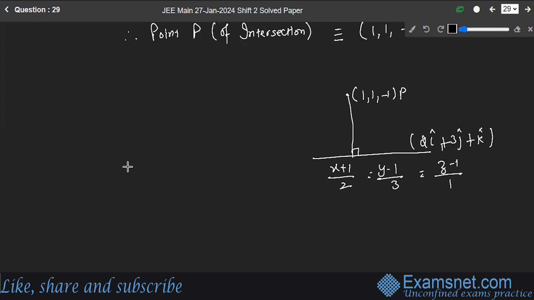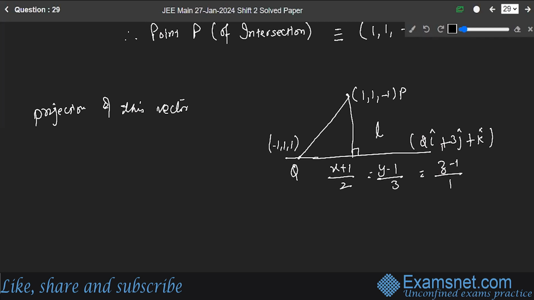All right, now you are asked that this distance is equal to L. Now, projection of this vector. See, any point on this line will be like (minus 1, 1, 1).